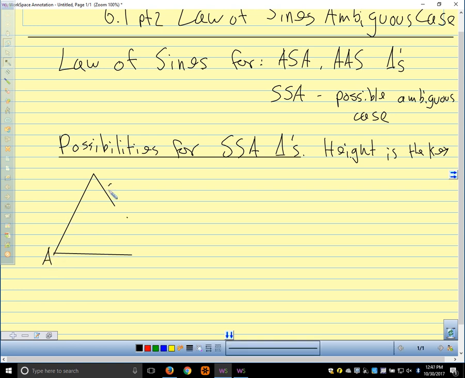I'm going to call that A, and that B. Angle B would be down here. So for a side-side-angle triangle, this angle is set. You can't change this angle. These two sides are set. You can't change those. So there's nothing that's moving here. All right, so our first possibility.